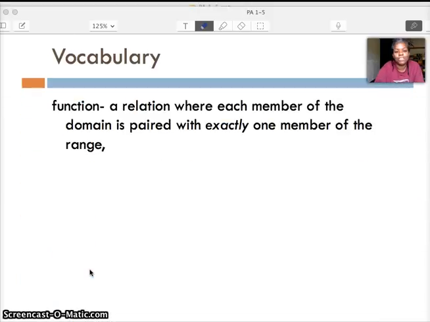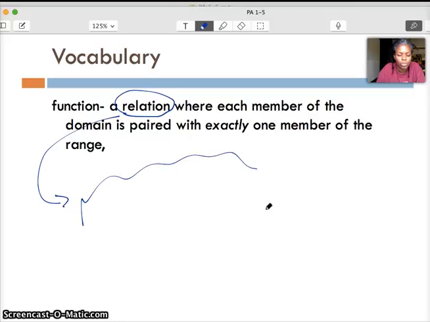So we've got function. A function is a relation where each member of the domain is paired with exactly one member of the range. Now here's the deal. We need to remember what a relation is, right? Remember a relation from last time?